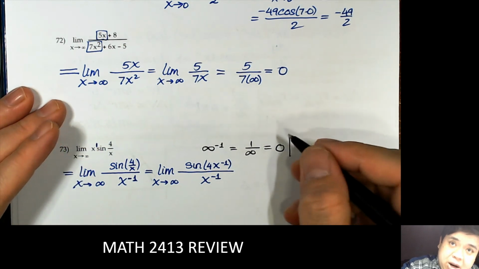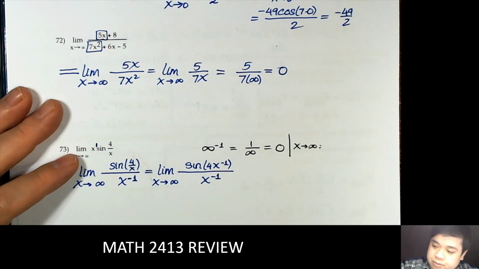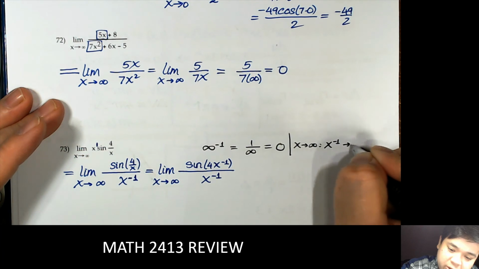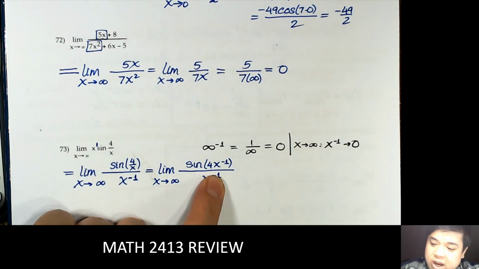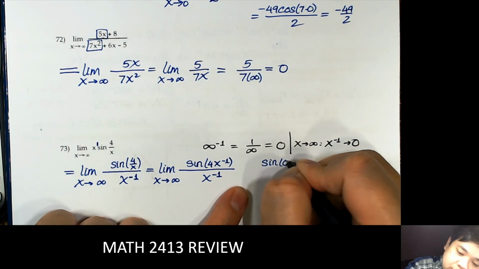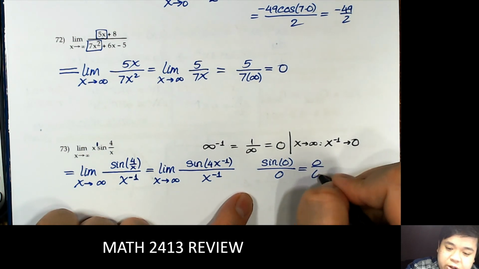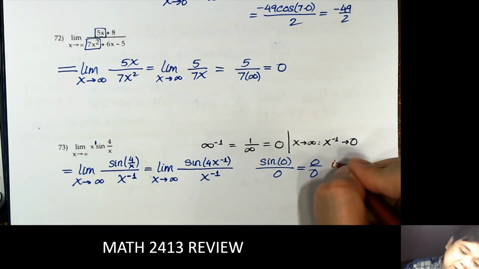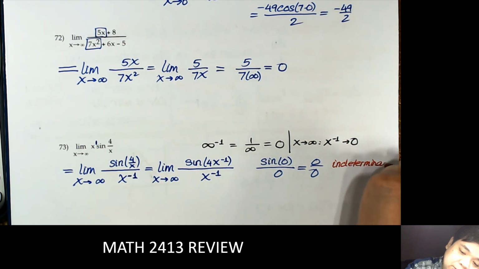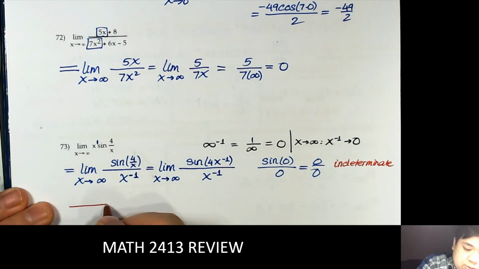So pretty much we have sine of 0 over 0, which is 0 over 0, indeterminate. Right, which means we can use the L'Hopital rule.